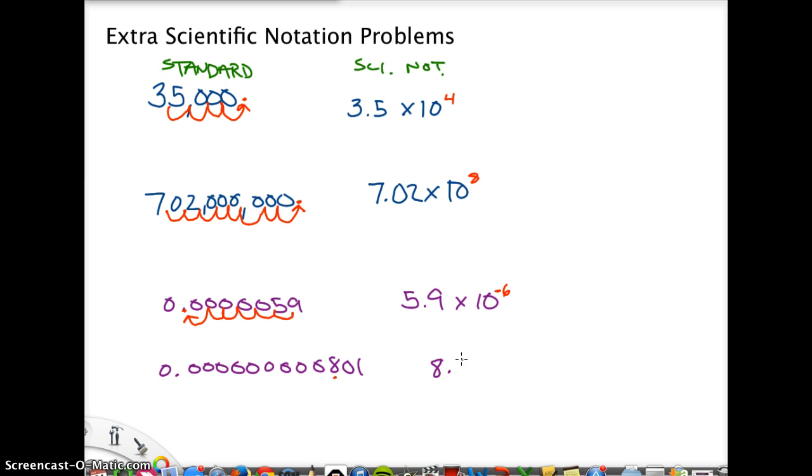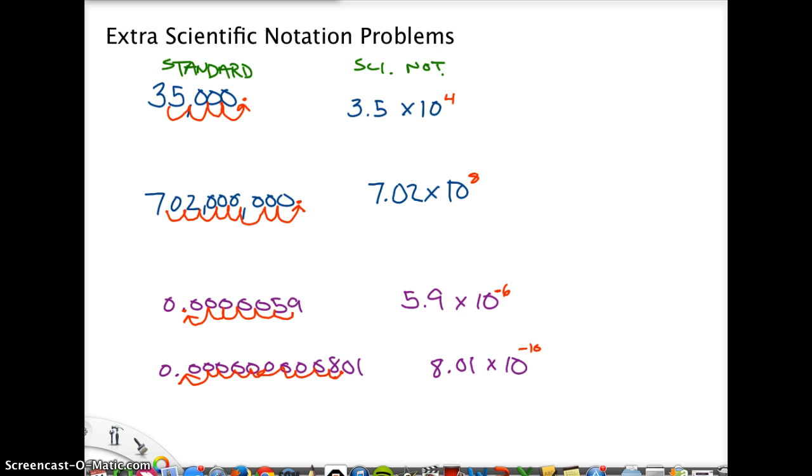And then the numbers afterwards I need to put after the decimal. Even though that's a 0, I still have a 1 there. So that 0's in between, so I still need to put it there. And how much smaller should I make this? Let's see. If I had my decimal right here, 8.01, I'm going to go 1, 2, 3, 4, 5, 6, 7, 8, 9, 10. 10 to the -10th power.